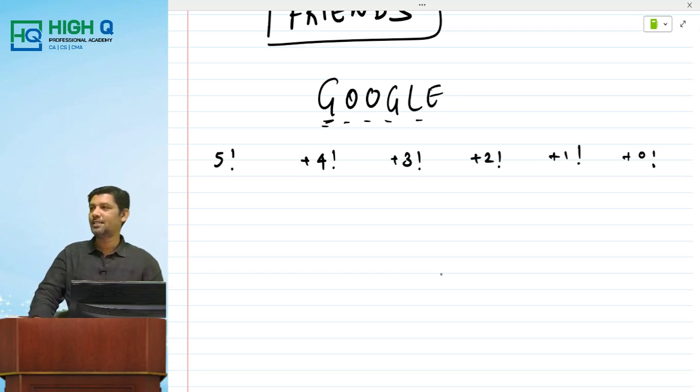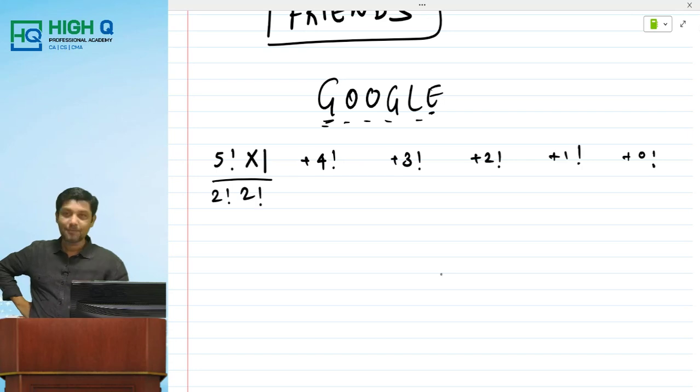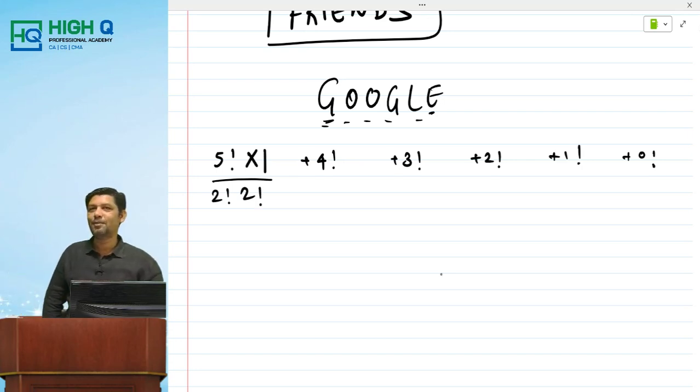How many letters less than G, right hand side of G? Are you sure? Only one. Am I right, my dear? E. Any repetitions? How many times? And O also repeated twice, no? So what will come? Is that correct, my dear? Divided by 2 factorial. Now you understood.